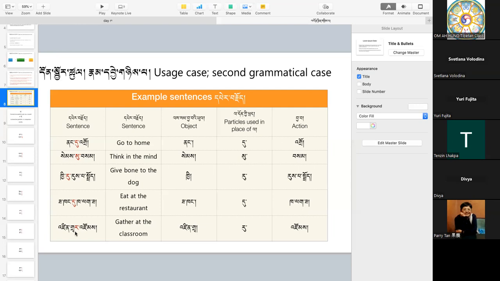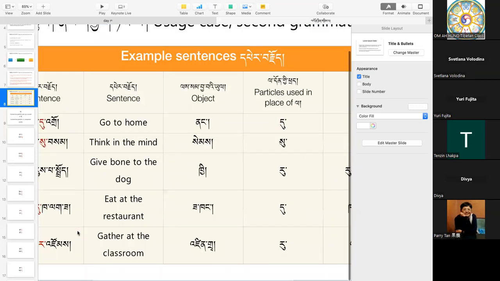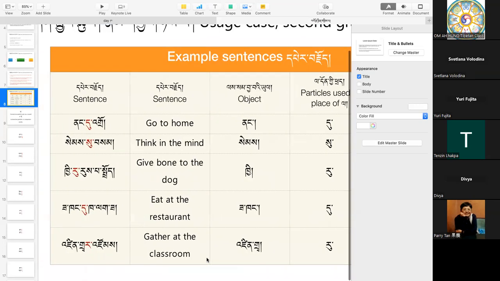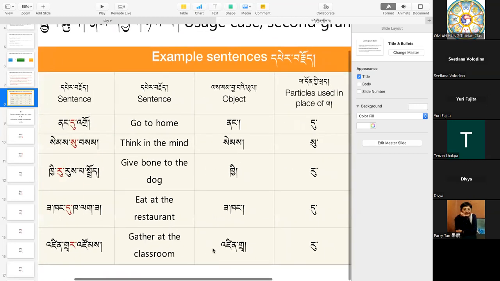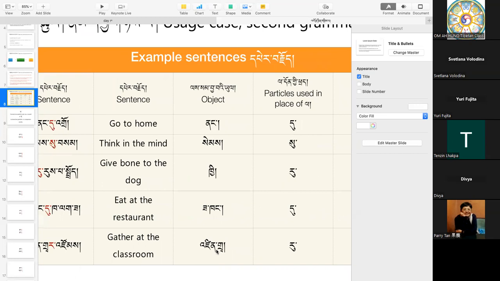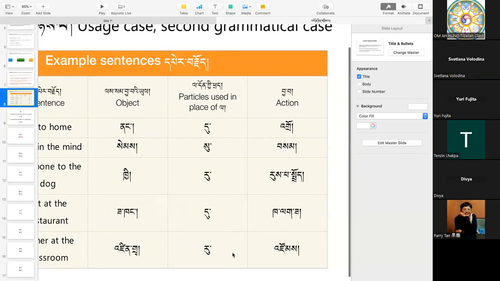Then the final example, zintar. I've used zintar because of not using the punctuation. You can also say zintaru, zom, gather at the classroom. So zinta, which is the object, is the position where you're doing the action. What is the action here? Zom, which means together. So where is the place where you're doing this action together?